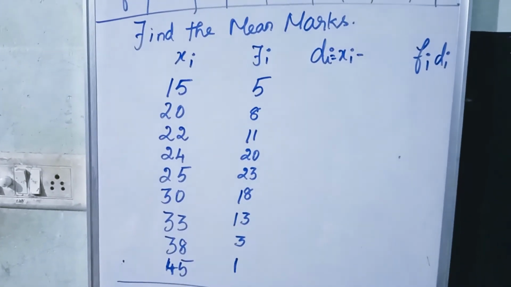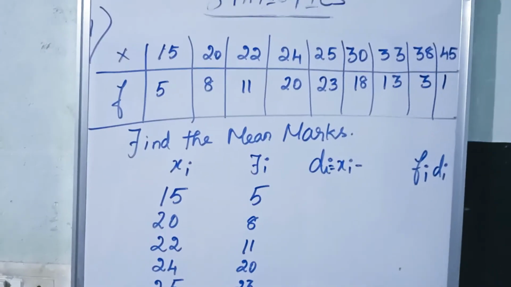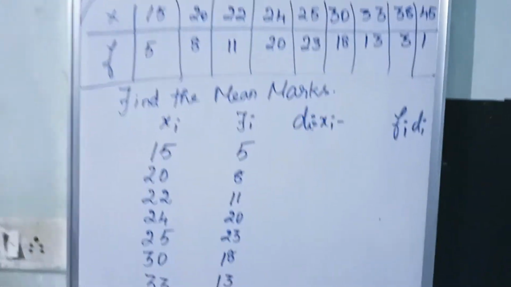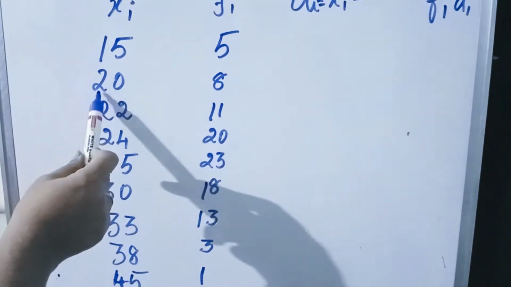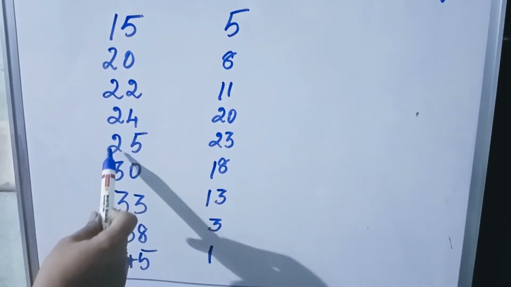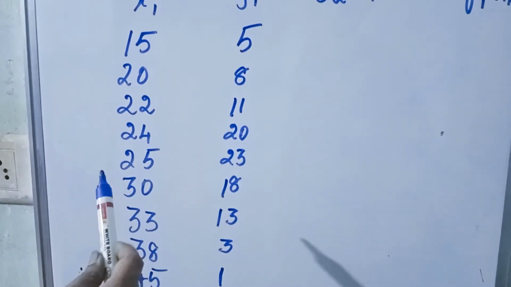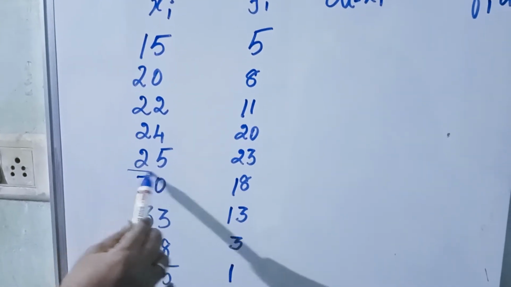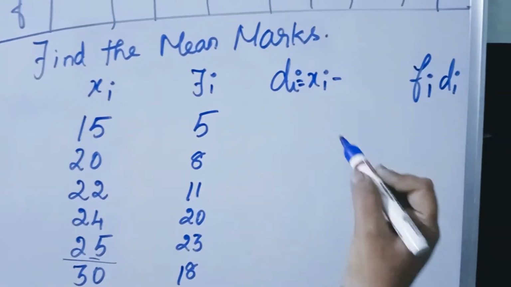What do you mean by a? I told you we have to select the middle value from xi. Check which one is the middle here: 1, 2, 3, 4, 5, 6, 7, 8, 9. 9 numbers are there, so the fifth one is the middle value. So 25 is the middle value, and we can write 25 here.